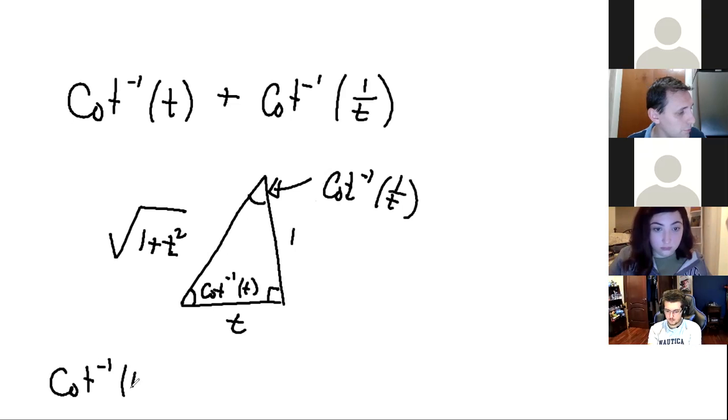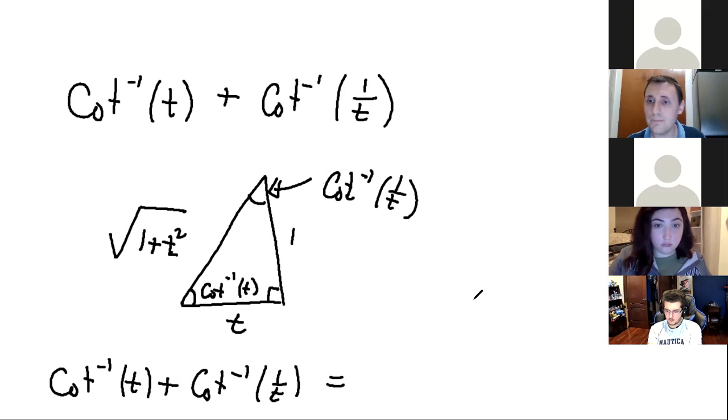Now, tell me, please, what's the sum of those angles? Cotangent inverse of T plus cotangent inverse of 1 over T. What's the summation? Well, cotangent inverse, be careful, you can have many representations of this thing.